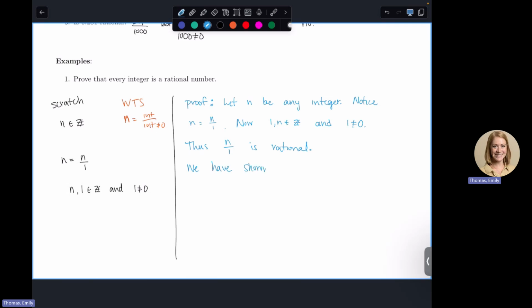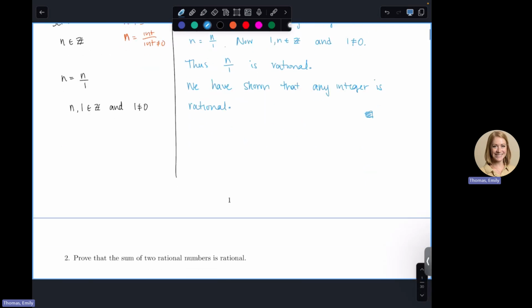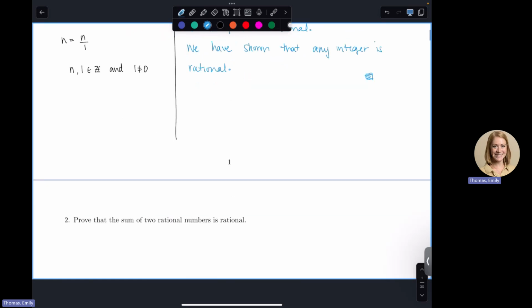We have shown any integer is rational. Any questions about that so far? No? Okay. Take 3 or 4 minutes and try number 2.